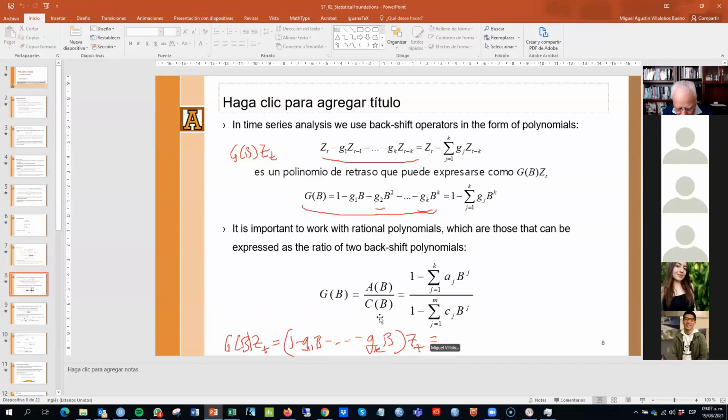And then what I get is Z_t minus G1 B Z_t, which is Z_{t-1}, minus G2 B squared Z_t, up to minus GK B to the K Z_t.